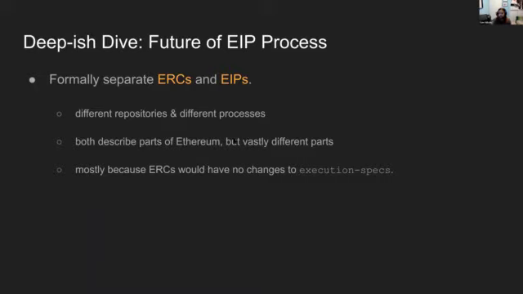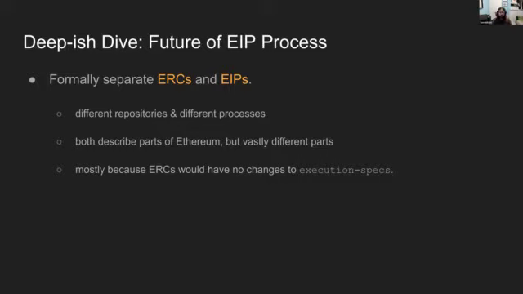So the first thing I'd like to do is formally separate ERCs and EIPs. ERCs are recommendations on how Ethereum is going to be used. So ERC 20, like token specifications, 721, NFTs. Those are all changes or recommendations inside the protocol, so they affect the EVM, Solidity, whereas core EIPs are changes that need to be done in the clients.